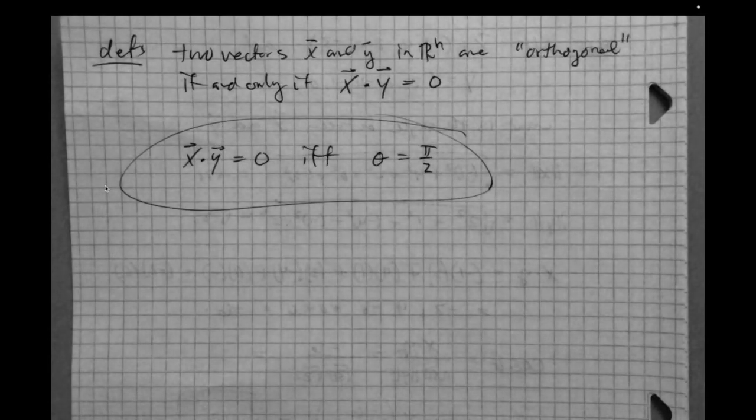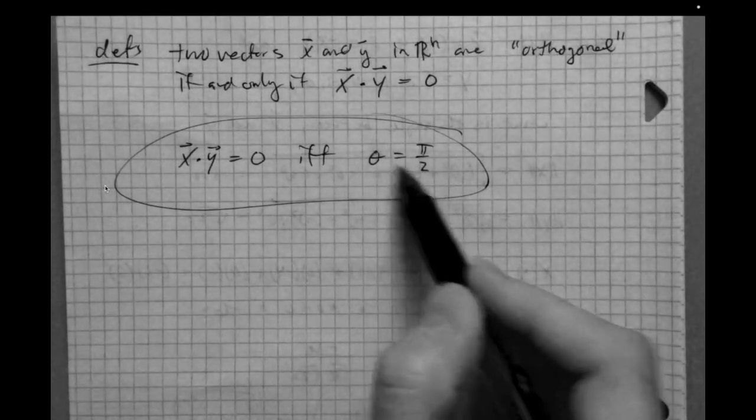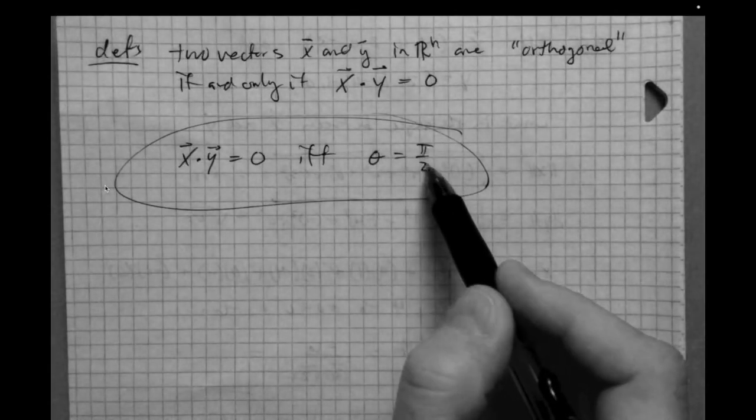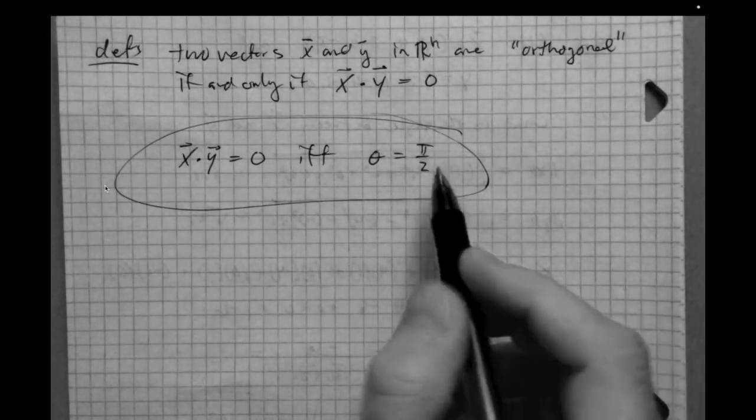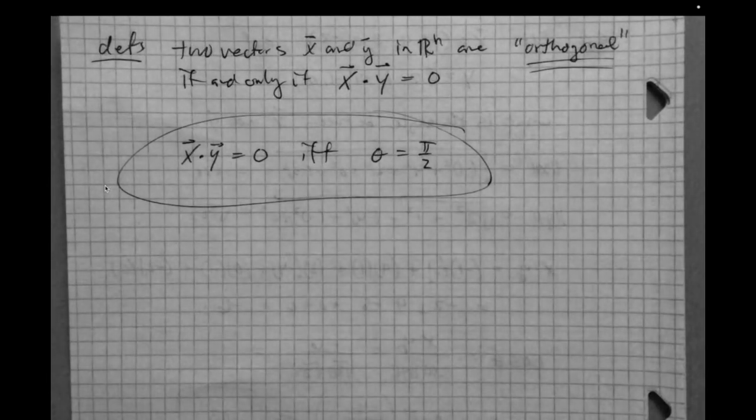But in a geometric sense, orthogonality refers to the angle between the vectors being equal to pi over 2, or 90 degrees. Orthogonal also can be thought of as perpendicular, right? So x and y are perpendicular to one another when they're orthogonal. That's the more geometric sense of what we mean by orthogonal.